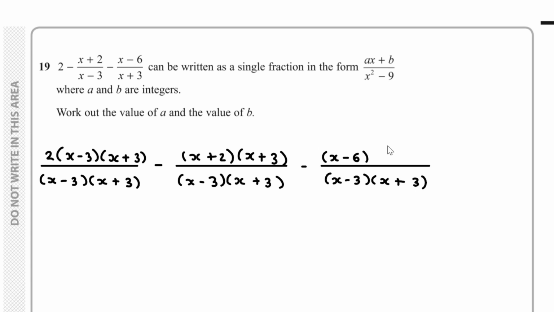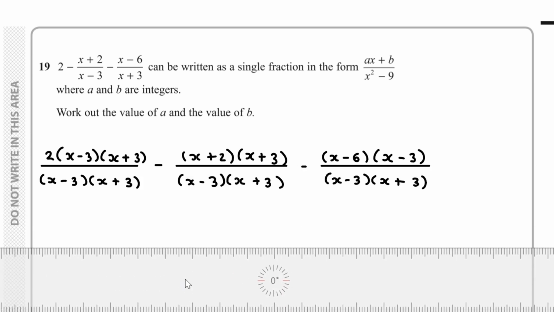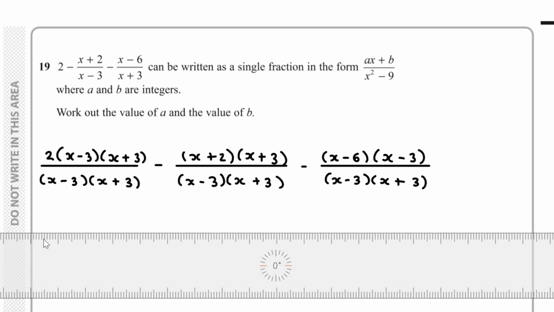We want an x plus 3 on the bottom. Well, I need to get rid of this x minus 3 on the bottom, so the way I can do that is having an x minus 3 on the top as well. It's as though these cancel out. And now that we have a common denominator, we can combine these fractions into a single fraction.